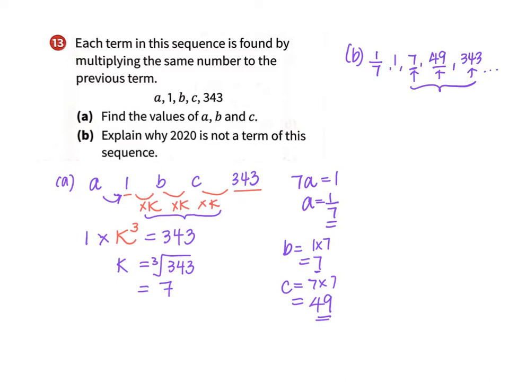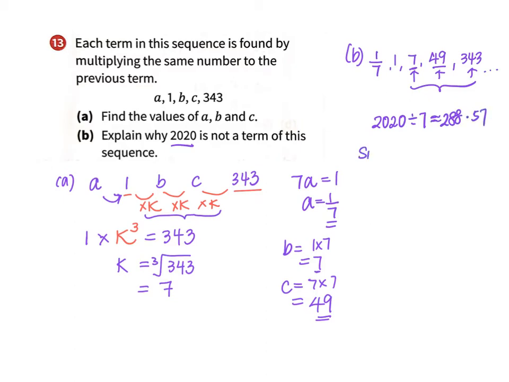Now, they ask us to explain why 2020 is not a term of this sequence. If it's going to be one of the next few terms of this sequence, it will be a multiple of 7. So what do we need to do? We'll check 2020 divided by 7 gives you the number 288.57, right?